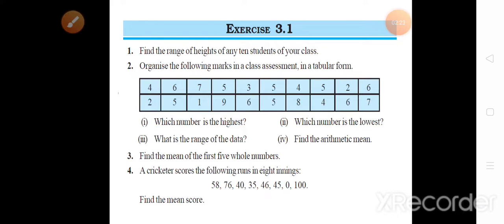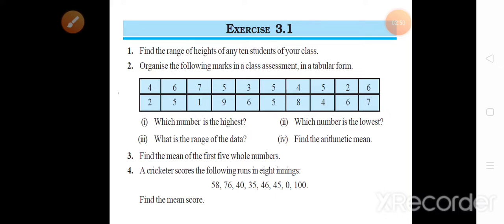Next, based on what we have learned so far in our third chapter, a few questions are given here, which are taken from exercise 3.1, and I believe all of you will be able to solve these 4 questions. They are completely based on what we have discussed, so they are not very hard, and try to solve them.